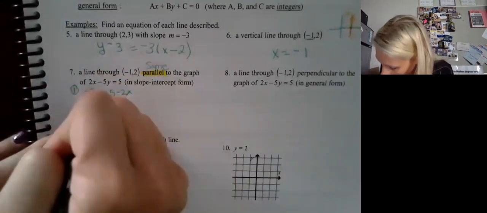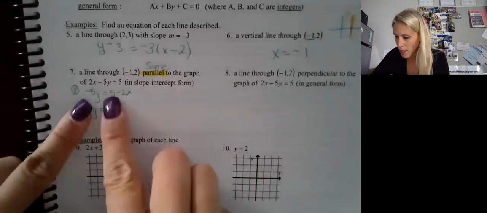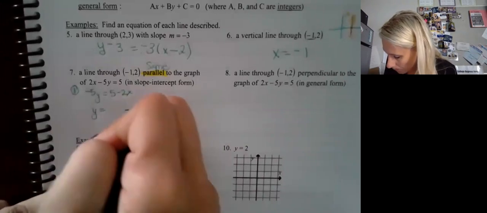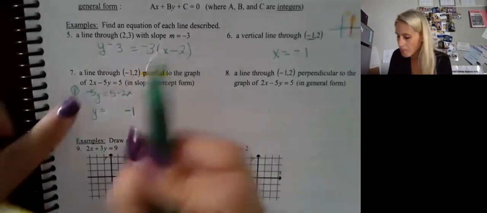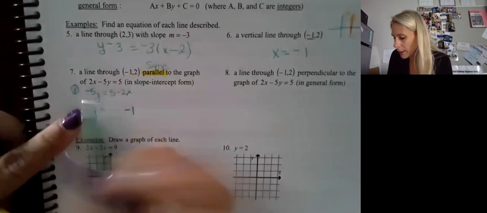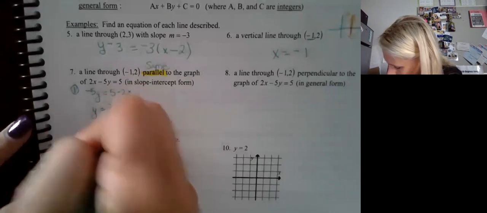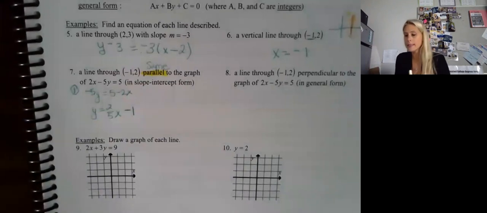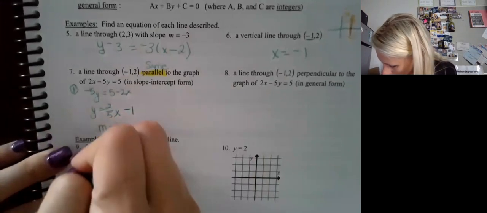Okay, so I get y equals, well, 5 divided by -5 is -1. I'm actually going to put that on the other side and put the slope in front where we're used to it. And -2 over -5 is a positive 2/5. And don't forget that x. Since we put it in slope-intercept form, now we know the slope. The slope is 2/5.